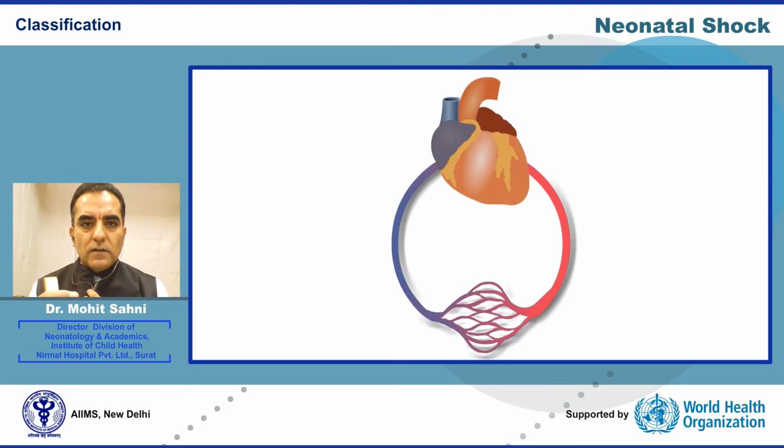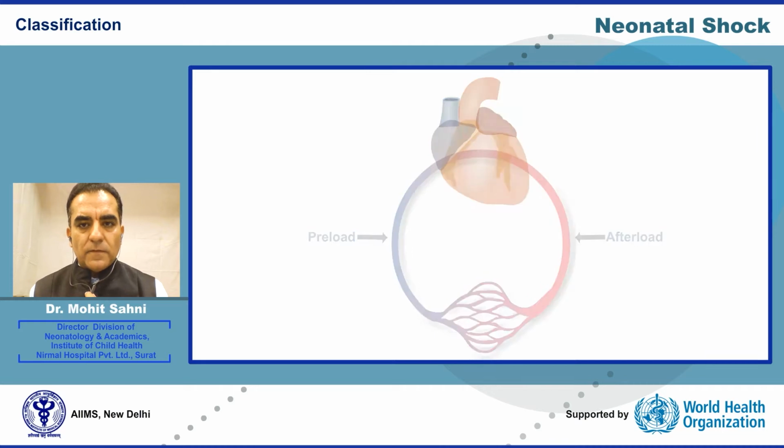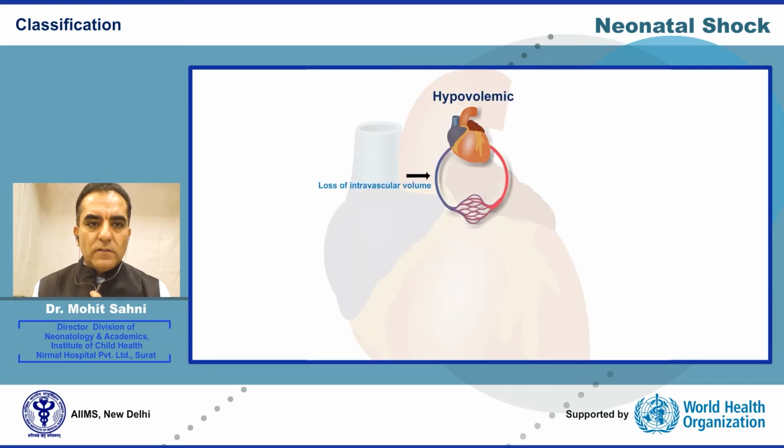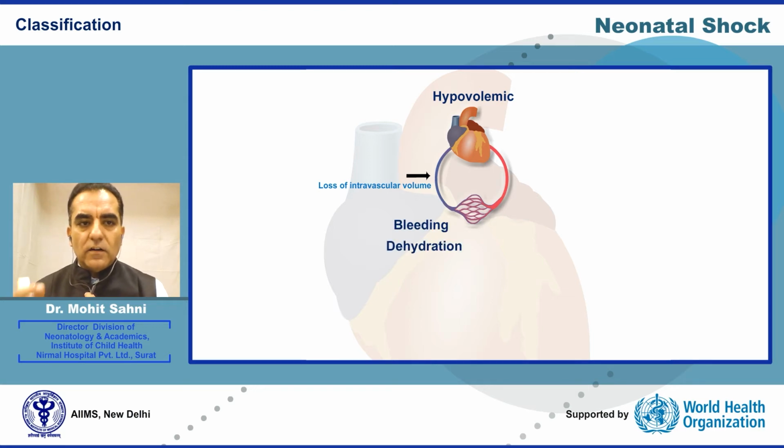In a normal situation where the hemodynamics is normal and the blood pressures are normal, as you can see in the figure on your screen, your afterload and preload are maintained normally. In hypovolemia, your intravascular volume is lost, as in some bleed or dehydration.